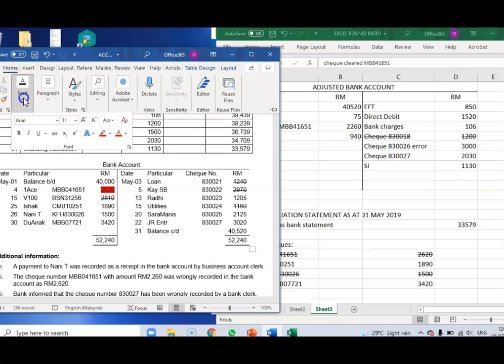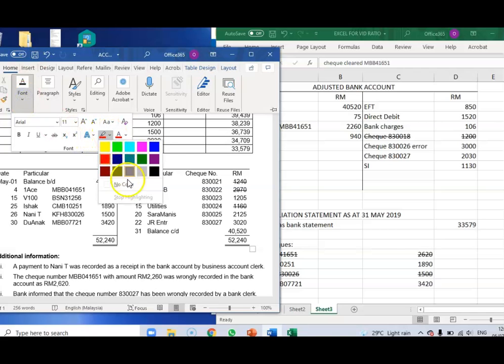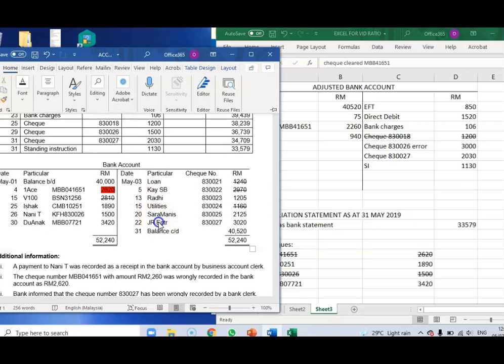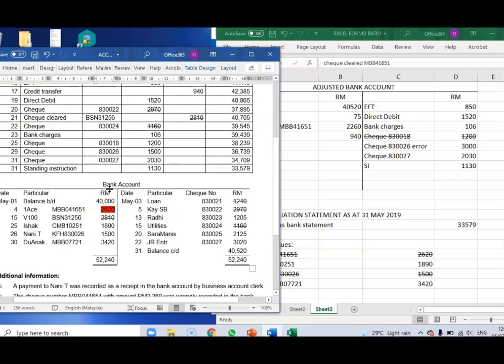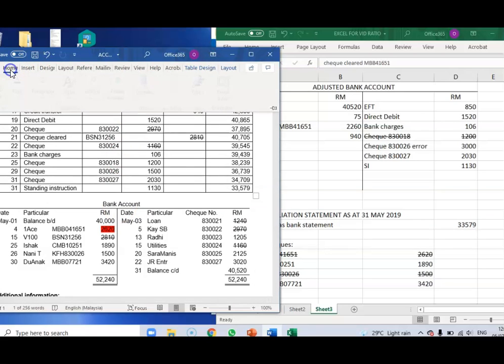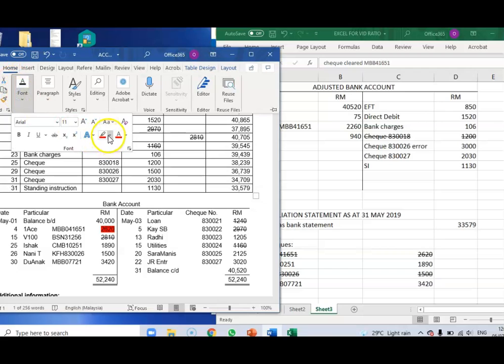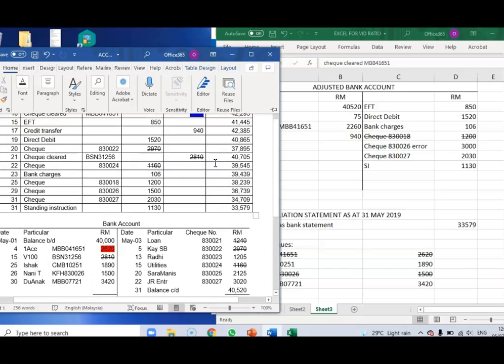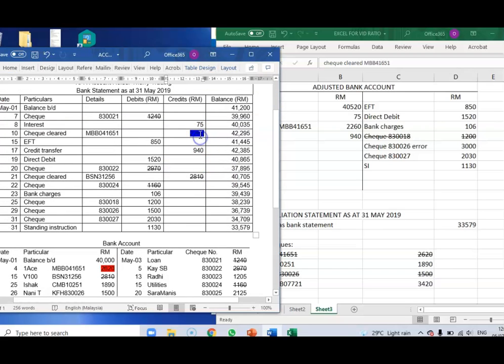Let's say we have no other amount there. But the correct one, MBB here, the correct one, let's say we do blue. This is the correct one. This is the wrong one.